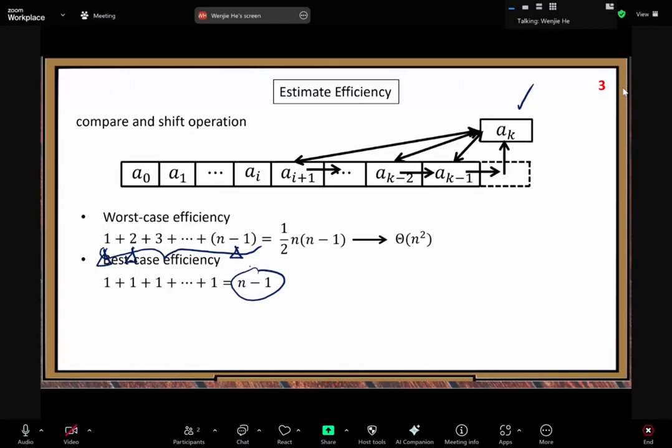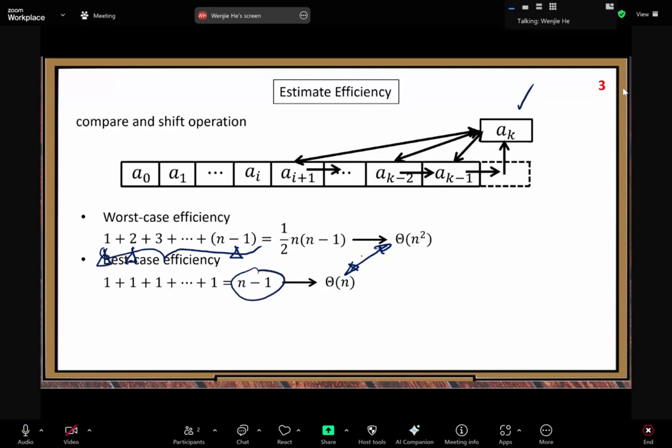In asymptotic notation, it is big theta of n. Here you can see the difference between the best case and the worst case. It is very big. N versus n squared. You can see how different the best case and worst case are.